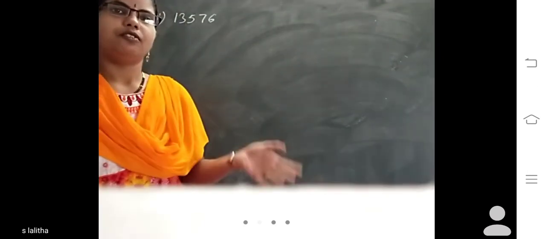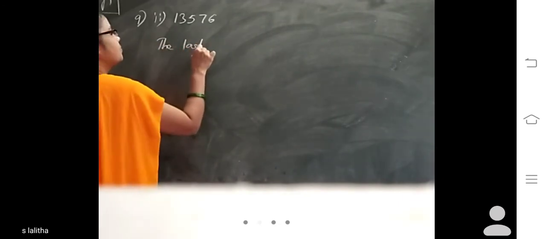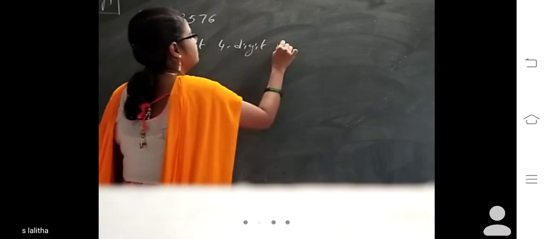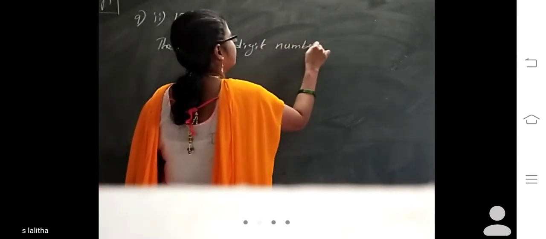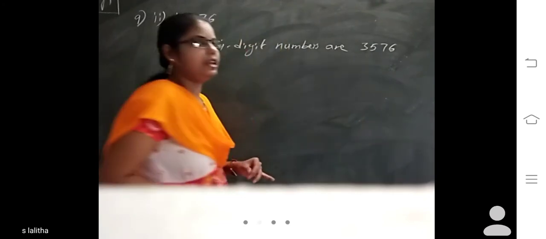In the table of 4, you have to take the last 3 digits. The last 4 digits are 3,576. Now we have to check it by actual division.